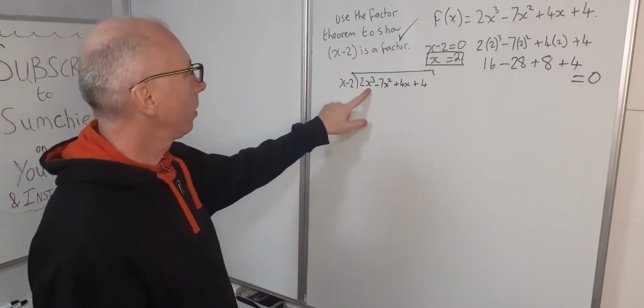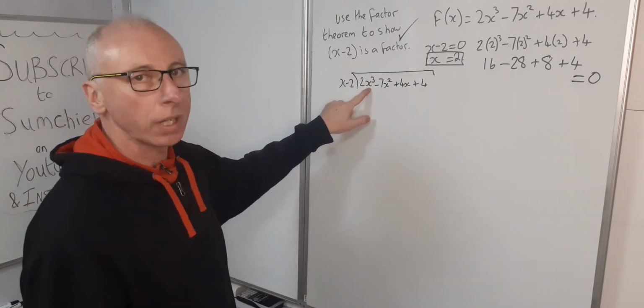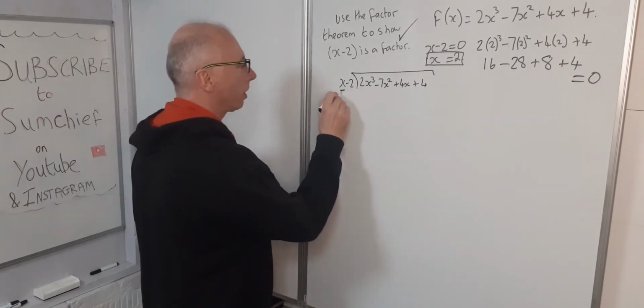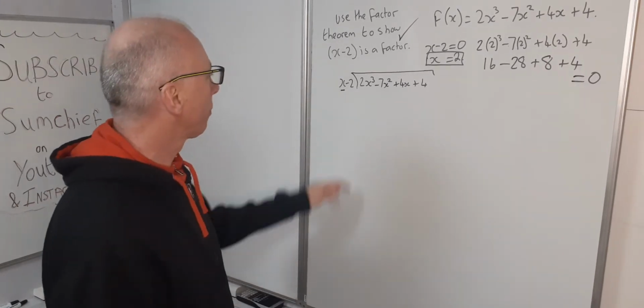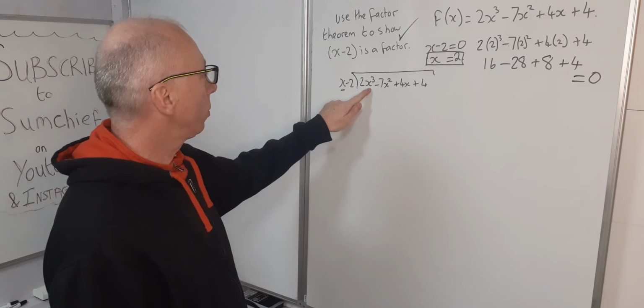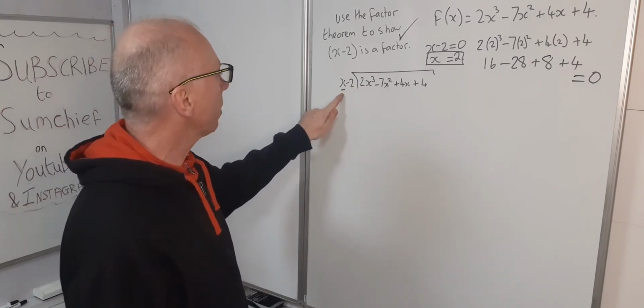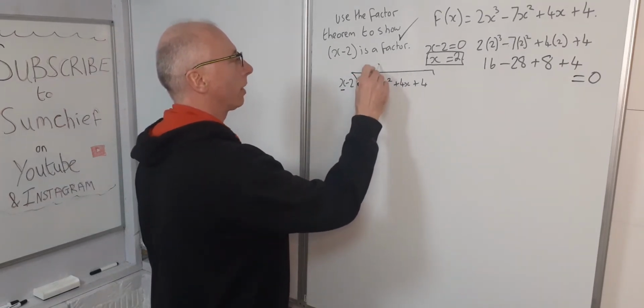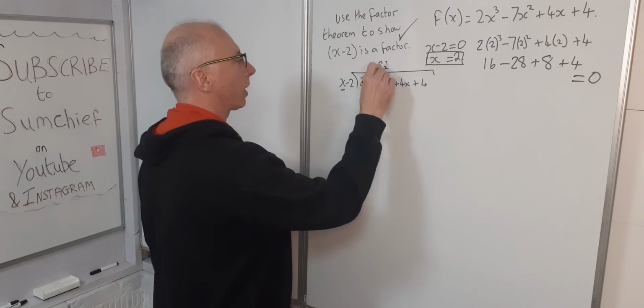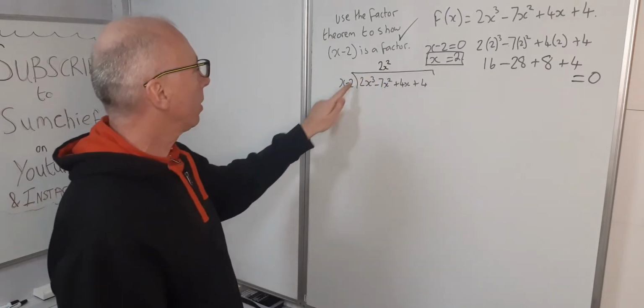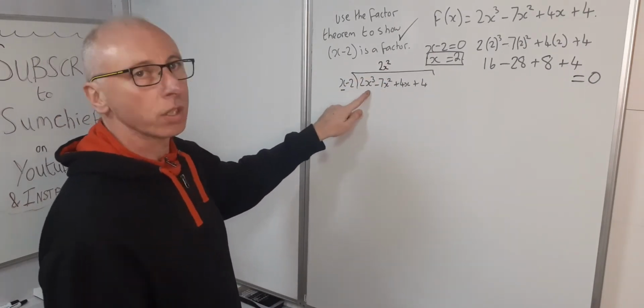Okay, so first of all we'll look at this 2x cubed, and this is what we're interested in for the moment. To get to 2x cubed from x, we need 2x squared. So I'm going to write that above the x squared column. 2x squared times x gives us 2x cubed.